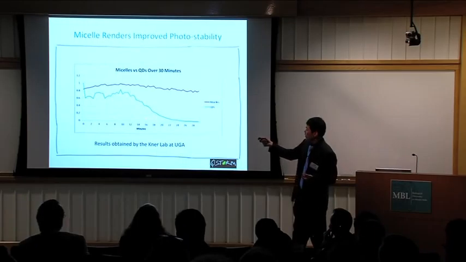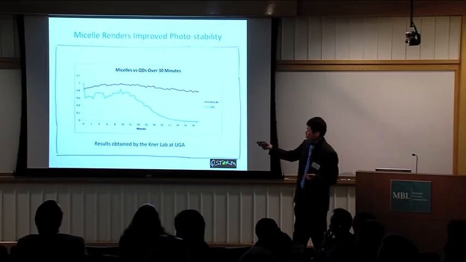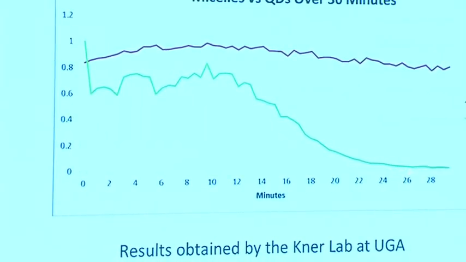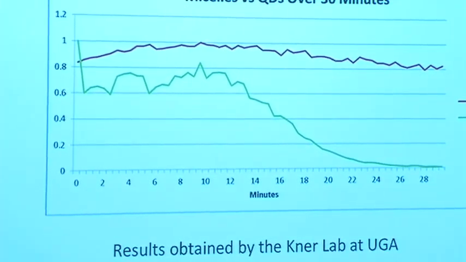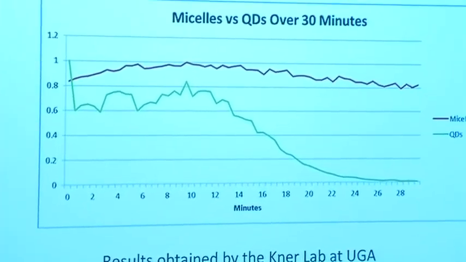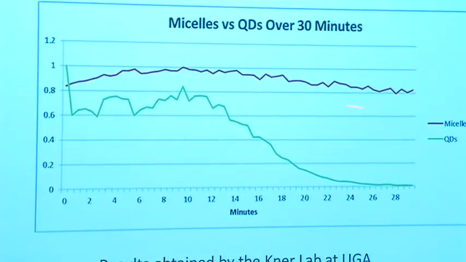Now with this micelle protection, it actually gets even more stable. Here we apply a really high laser power to test the photostability. As you can see, with traditional quantum dots, after 15 minutes, the fluorescence starts to go down. But with our micelle protection, the fluorescence stays on for at least 30 minutes.